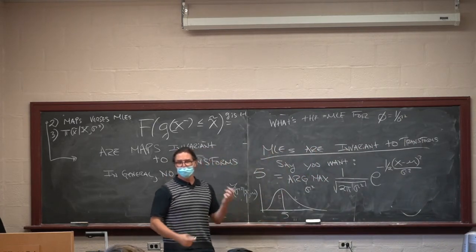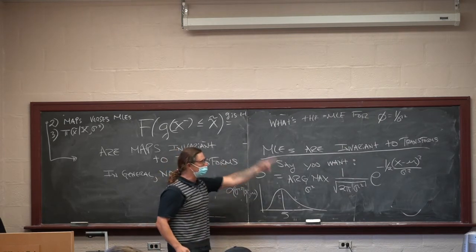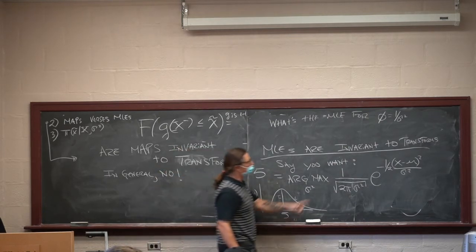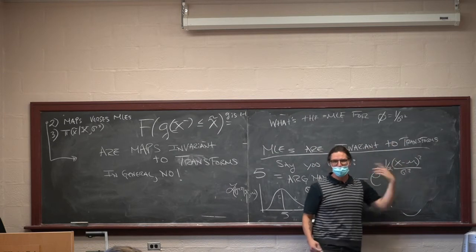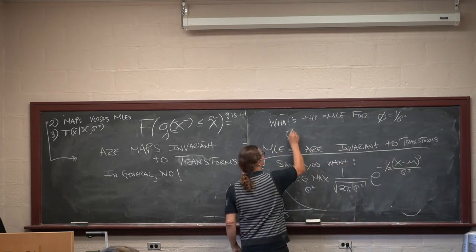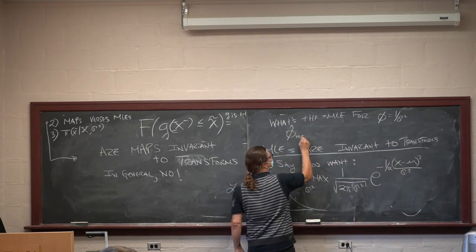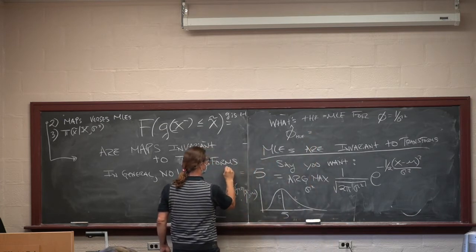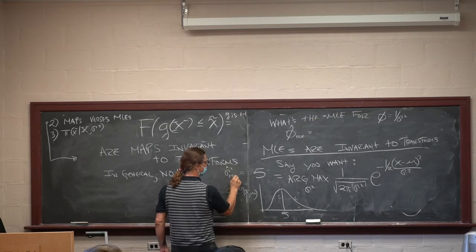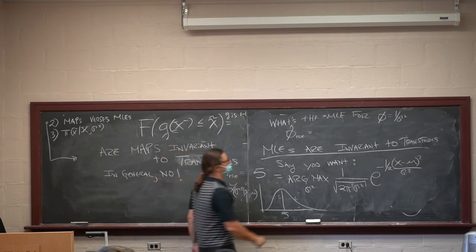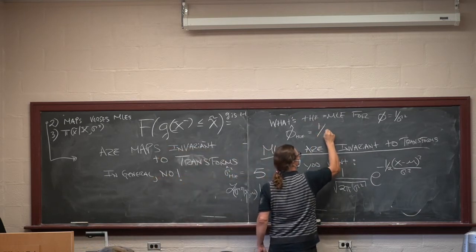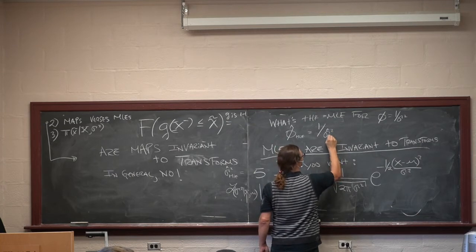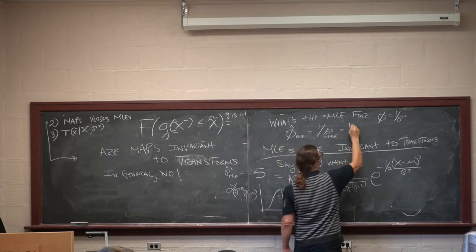This is what it means to be invariant to transforms. I just flip that thing upside down. So when I see sigma squared here, I just plug in the max sigma squared. I'll call this sigma hat squared MLE. It's going to be 1 over sigma hat squared MLE. It's going to be 1 over 5.